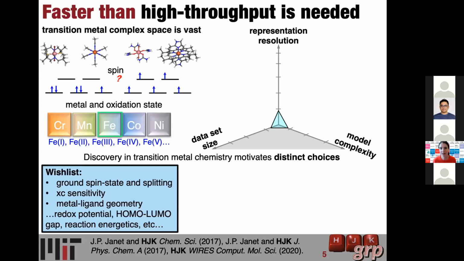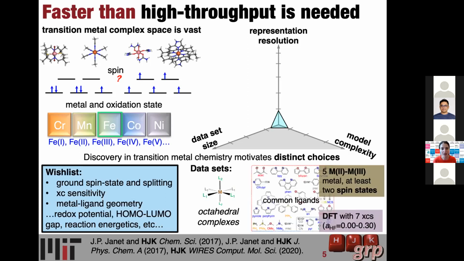And we worked with very small data sets. This was on the scale of one homework assignment back in 2016 and what we could generate on our cluster. We worked with mononuclear octahedral transition metal complexes that are highly relevant as catalysts, metals in multiple oxidation and spin states.